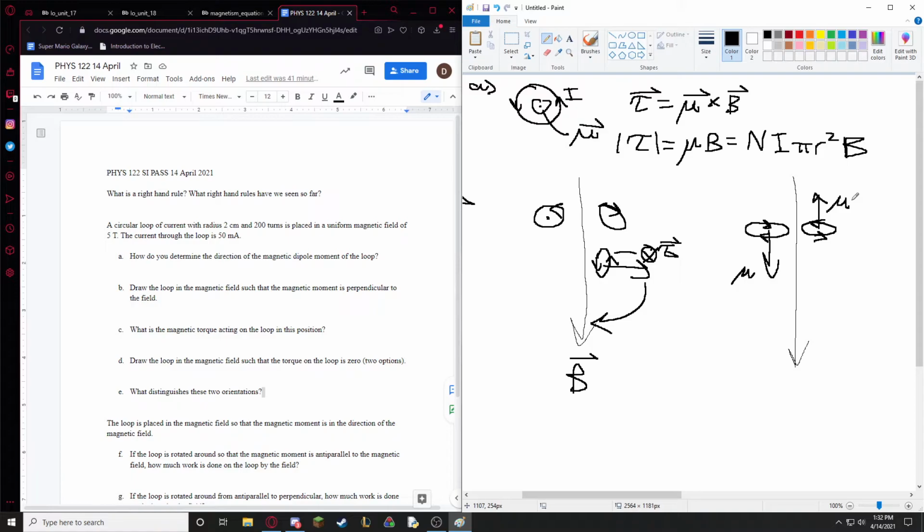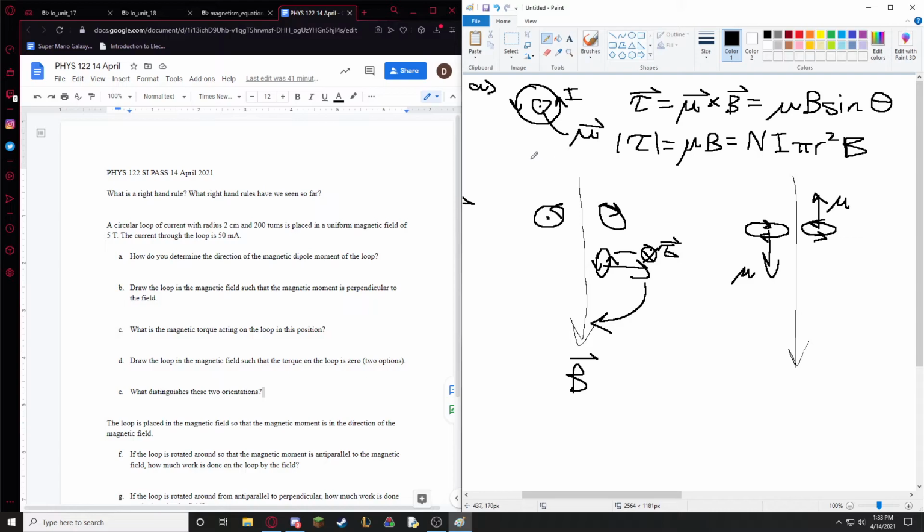Well, in that case, the angle between the dipole moment and the magnetic field is 0 or 180, and in both of those cases, the sine of 0 or 180 equals 0. Yep, exactly. Remember the magnitude of the torque is mu cross B, which is mu B sine theta. If sine of theta is 0, the torque is 0.